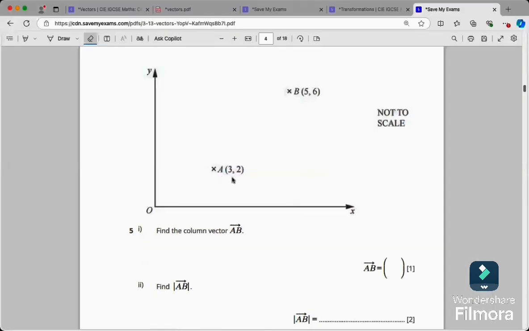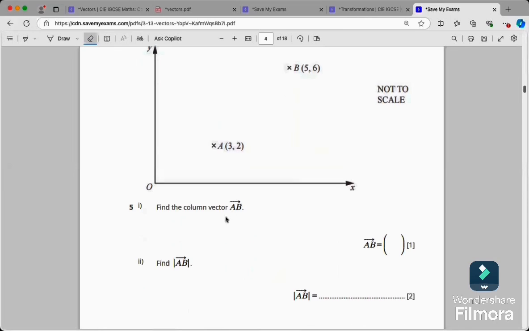So we need to find the x component and the y component for AB. Here, the x component of both, so this is your x and y, this is your x and y. Just subtract the x components, which will be 5 minus 3. And the y component is going to be 6 minus 2. So which is going to be (2, 4).